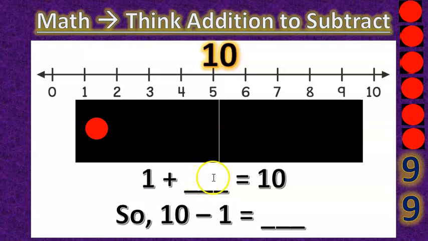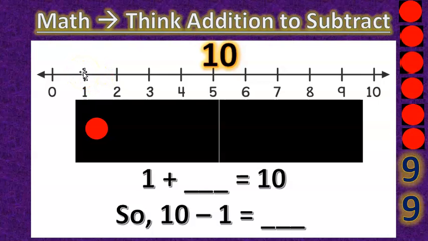Now, the first thing you're going to do is you're going to use this number line now, okay? First thing, boys and girls, you're going to look at this 1. Find 1 on the number line, which is here. Now, you're going to look for 10, okay? 10 is way at the end over here. So just by looking at the number line, you're going to be jumping all the way until you get to 10. Remember, we're going to count by ones.